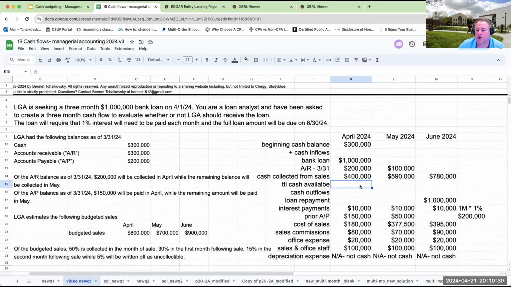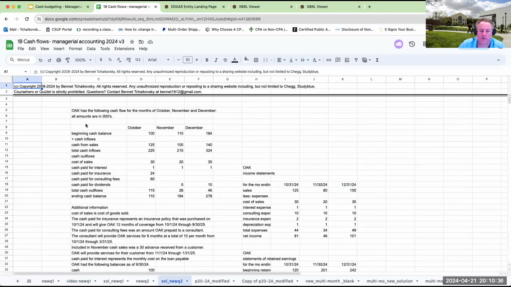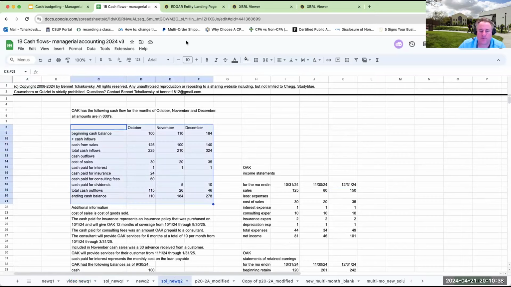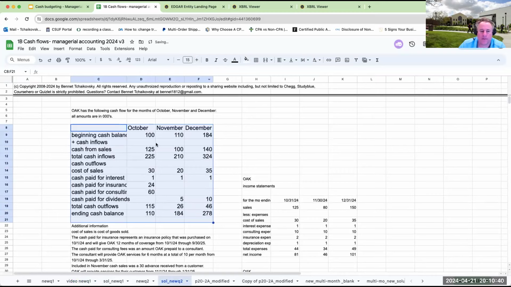Now, to finish off our cash, let's take a look at how this works once more. In this particular cash balance over here, beginning cash balance plus my cash from sales of 125 gives me my total cash inflows, or cash available.